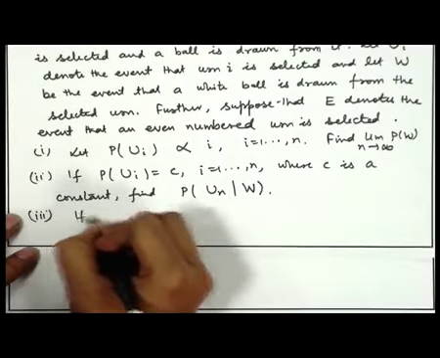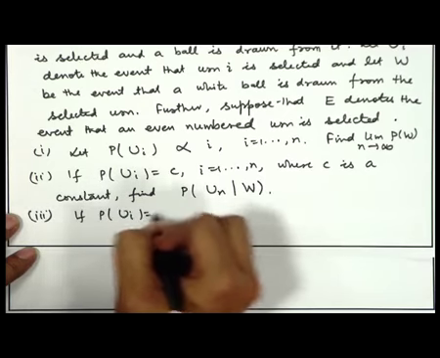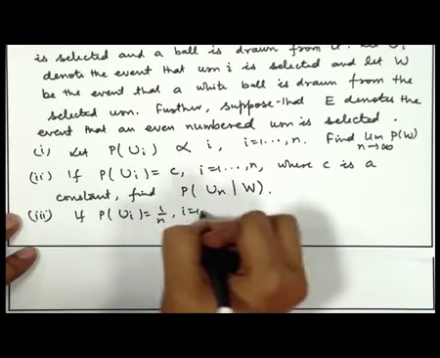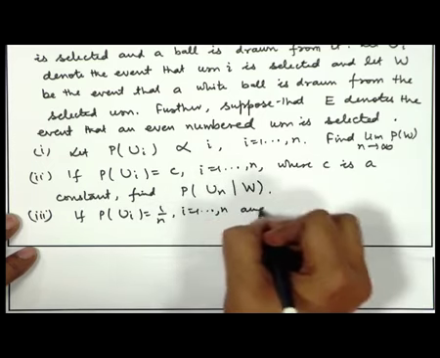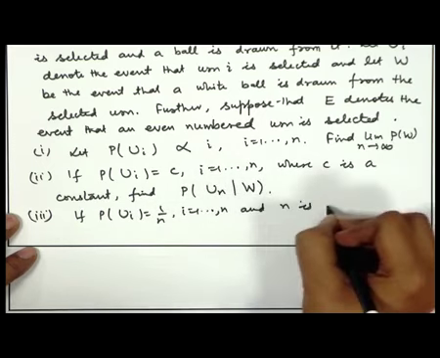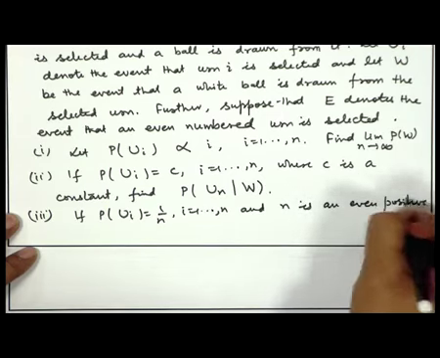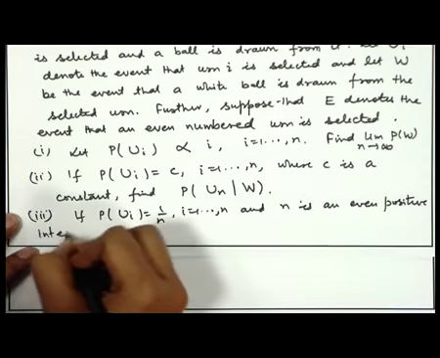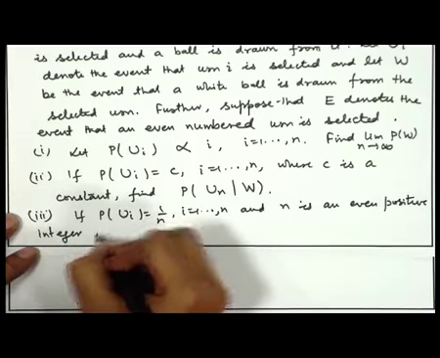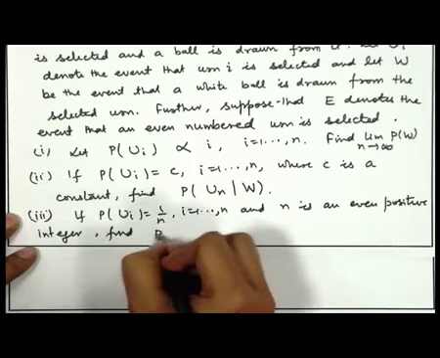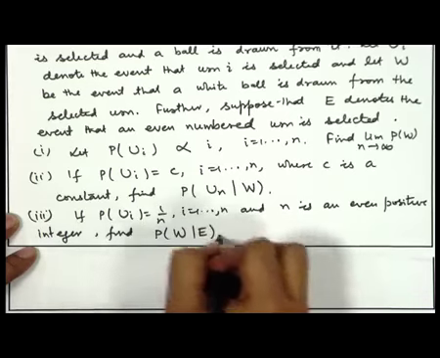Third, if probability of ui is equal to 1 by n for i is equal to 1 to n and n is an even positive integer, find probability of w given E.